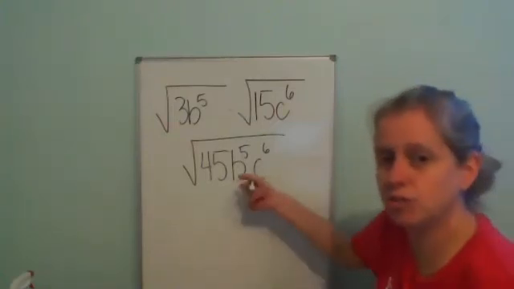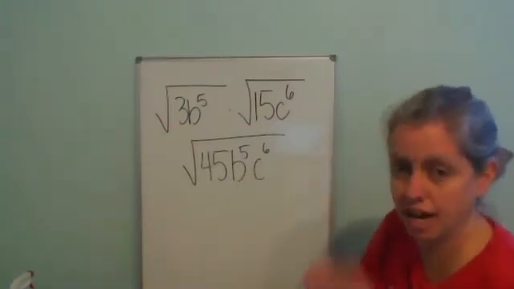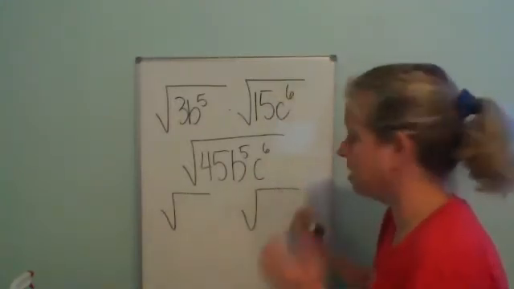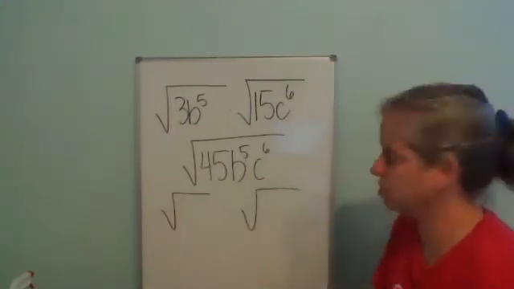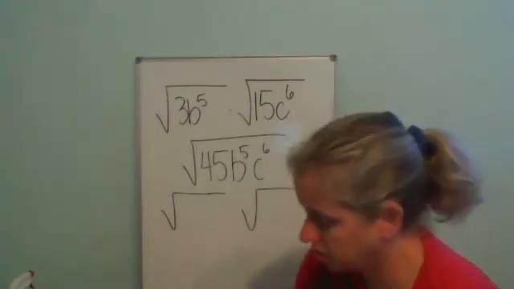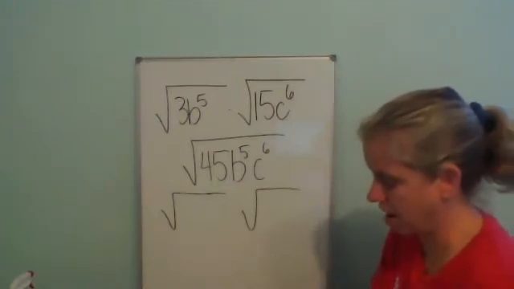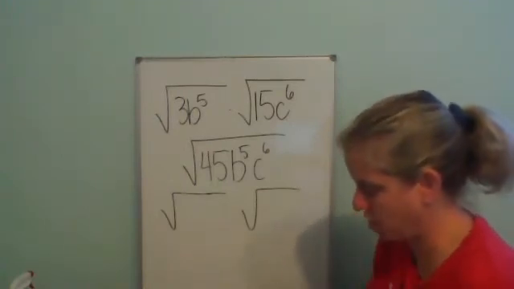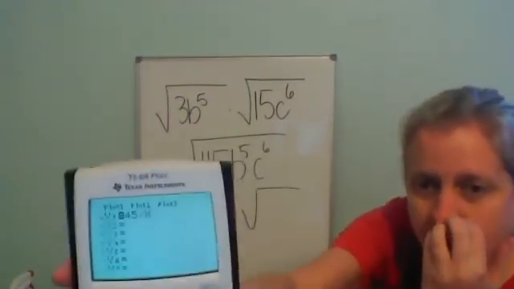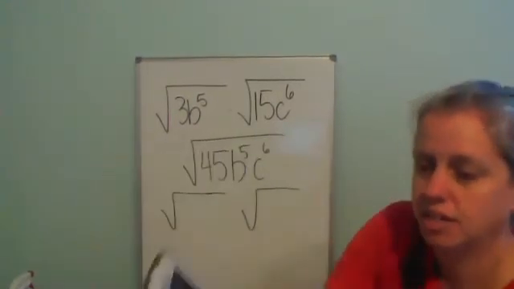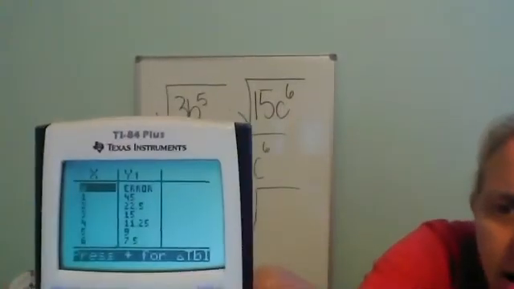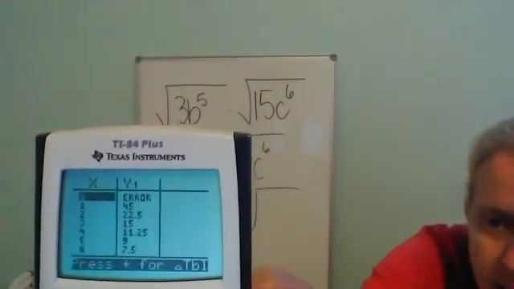Now I'm going to do to my answer what I've done in the last couple of problems. I've just got to break it back apart. But this time I'm breaking it apart to its perfect square and leftover. So let's see, I'm trying to break apart a 45. So go back to your y equals and do 45 divided by x. Second table. So there's all your ways to multiply to get 45.